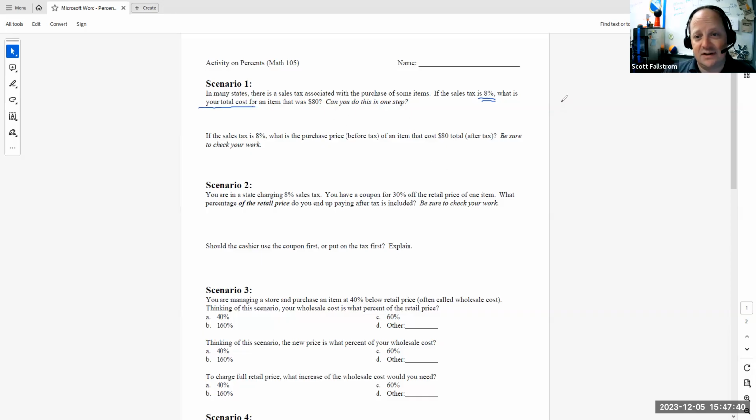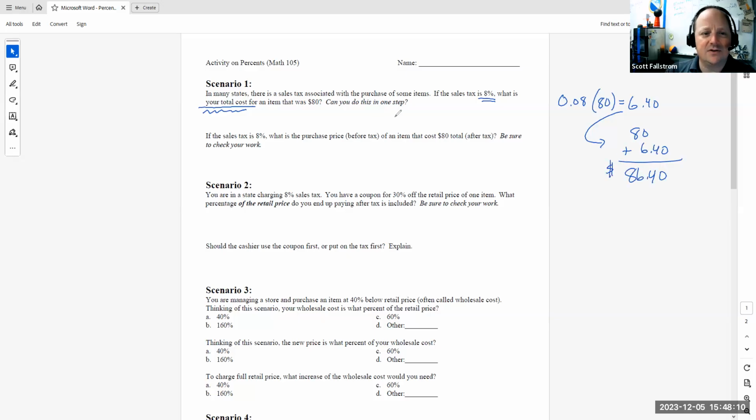If I wanted just the sales tax, yes, I would take 8% of the $80 and get the sales tax, which is what, $6.40, something like that. Okay, perfect. Awesome. That's how I do sales tax. That's not what it's asking me to do. And again, if you were in this traditional system, you would take 640 and then you come down and say, okay, so 80 plus $6.40, and you get 86.40.